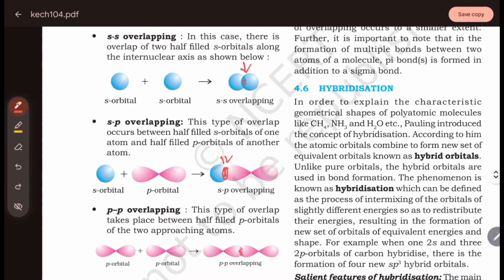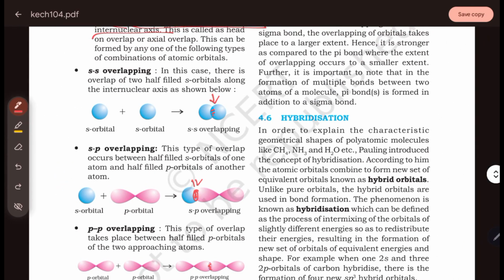Now, from this extent of overlap, SS overlap, SP overlap, and PP overlap, can you predict which overlap is the stronger sigma bond? Just see, in a P lobe, it is easier to increase the extent of overlap.